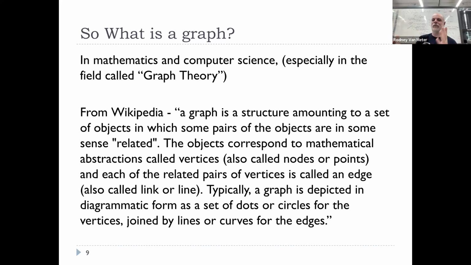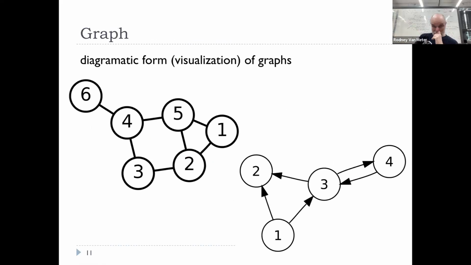We can call those links edges, and the objects nodes or vertices. So you'll often hear the terms vertex and edge, or node and link, as the pairs of terms that are often used to describe this structure. So it often looks like this.